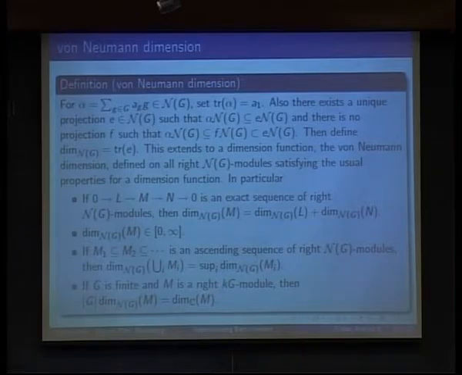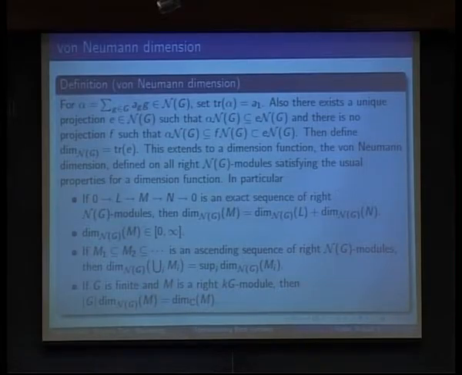This extends to a dimension function, the von Neumann dimension, defined on all right N of G modules, satisfying the usual properties for a dimension function. In particular, if you have a short exact sequence, the dimensions will add up: the dimension of the outer terms sum to the dimension of the middle. The dimension is always a non-negative real number, or it can be infinity.